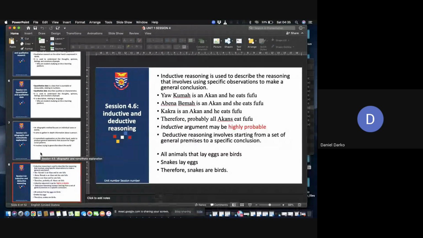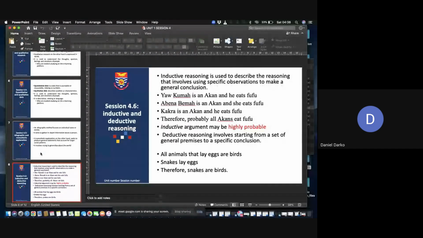Inductive reasoning also matches with idiographic, qualitative. Deductive reasoning matches with nomothetic, quantitative, right? So inductive reasoning is used to describe reasoning that involves using specific observations to make a general conclusion. So here we are moving from specific observation to general conclusion.